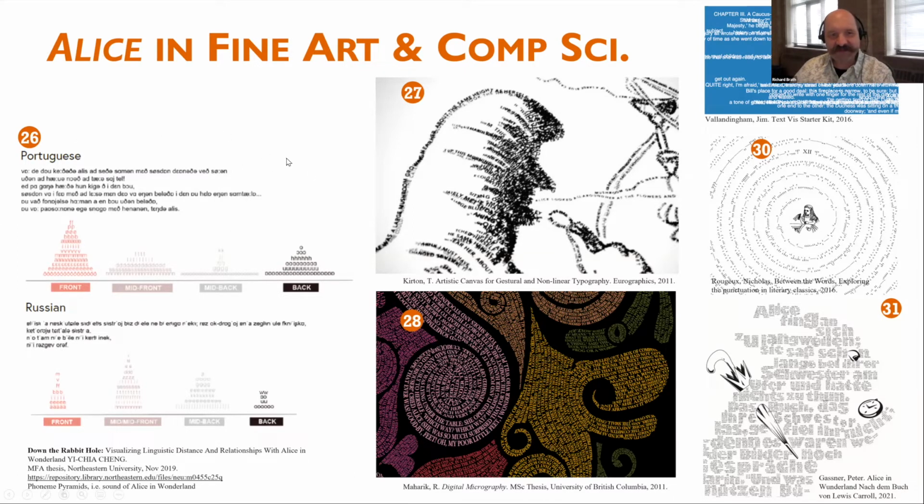Number 26 on the left side is a fine arts thesis where a person, Yi Chia Cheng, converted Alice into the underlying identifying sounds. In Portuguese, we've got these different letters stacked up here, which correspond to the different consonant and vowel sounds that you have from Alice when you look at the Portuguese edition.